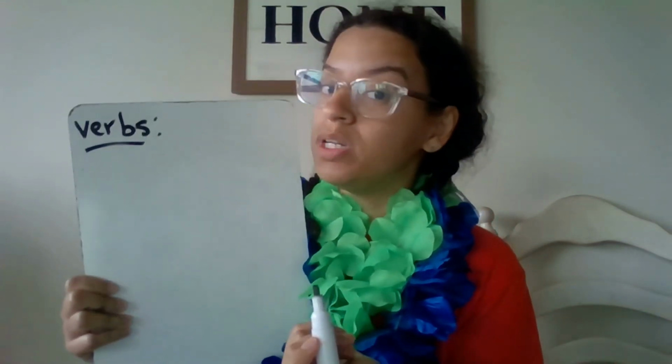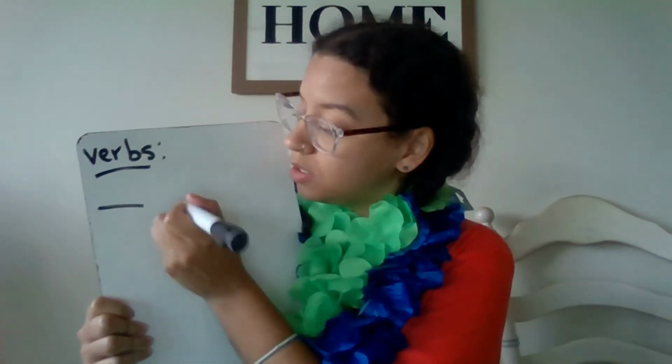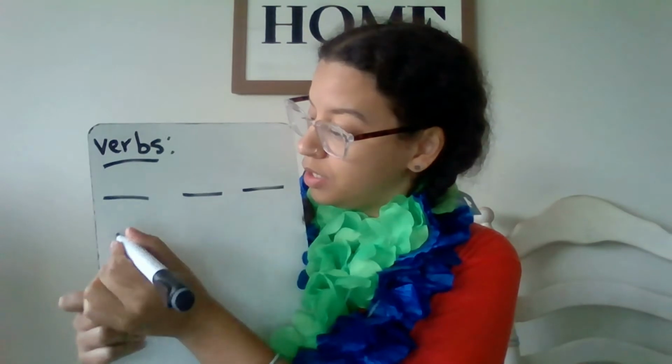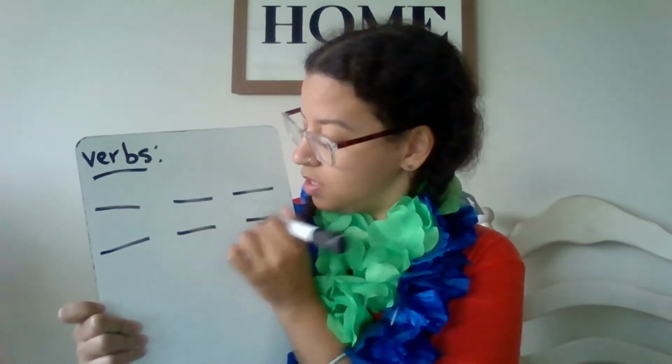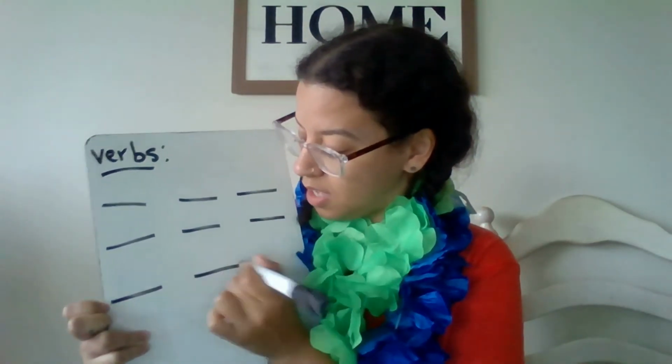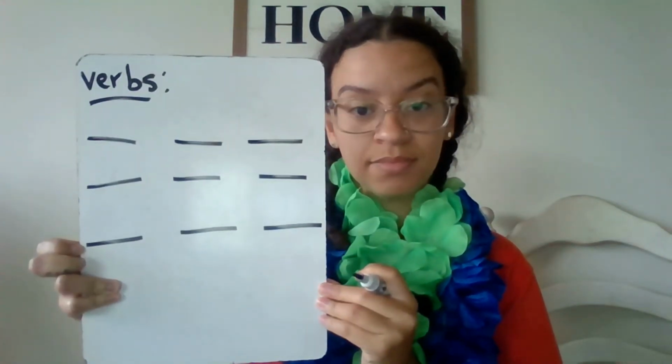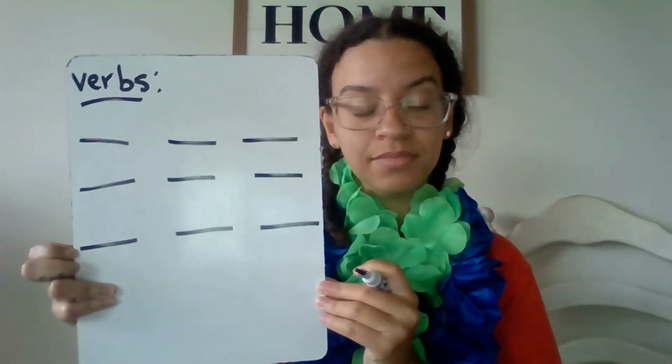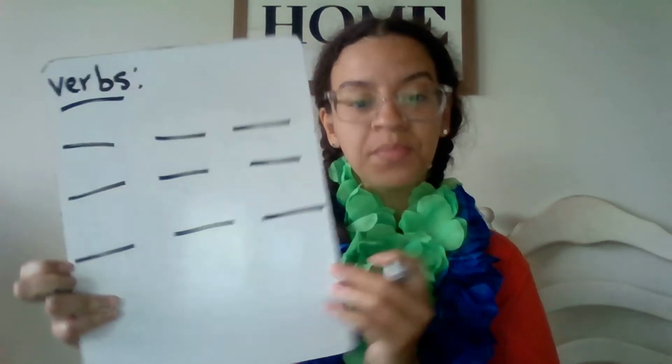Today I'm just going to do 9 lines again. 1, 2, 3, 4, 5, 6, 7, 8, 9. Okay, hopefully you got that down. If not, pause the video. And the passage goes as follows. Remember, action and being verbs.